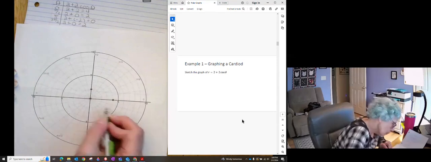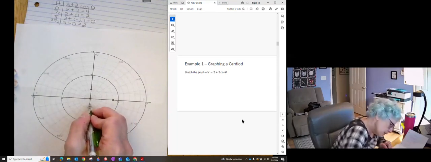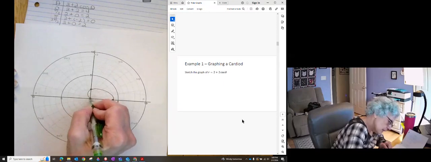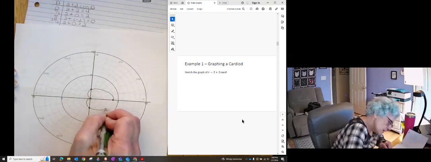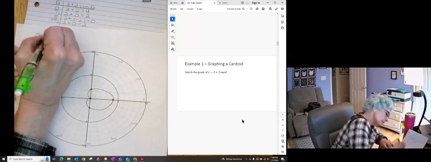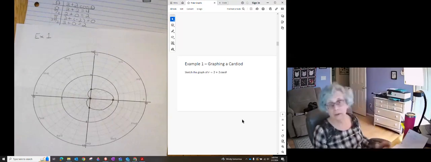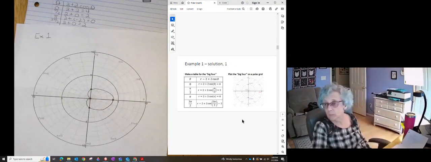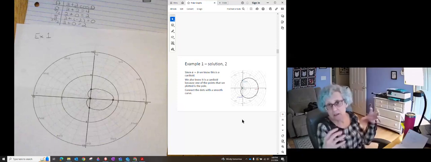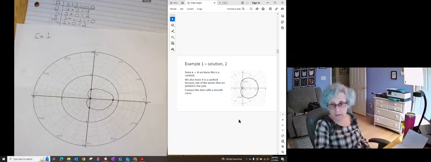That's just the pole. And 3 pi over 2, I move down 2. And then I connect the dots with a smooth curve. That's it. There's the pretty solution. There's the really nice graph. My limacons are never round and puffy enough. They always look kind of flat.